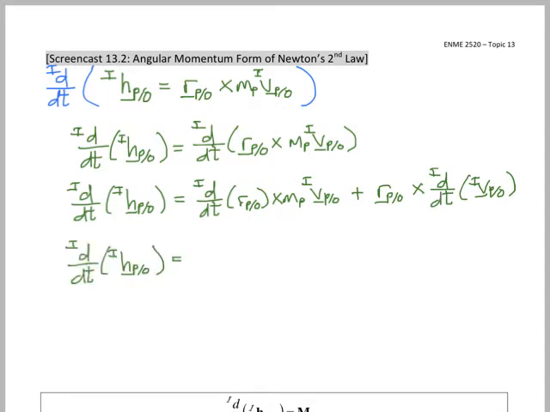For the first expression, the time derivative of the position vector is the velocity of P with respect to O as observed in the inertial reference frame. When we take the cross product of the velocity and the velocity, the first term is equal to 0. Then examining the last term, it's r cross the time derivative of the velocity of P with respect to O as observed in the inertial reference frame.